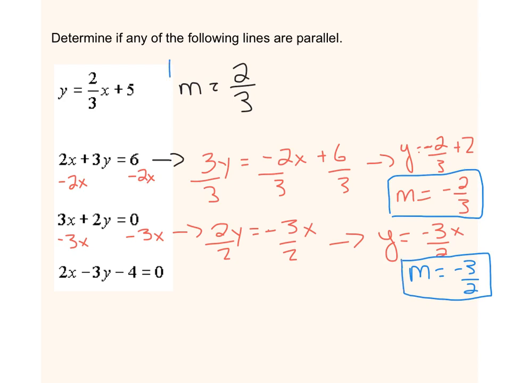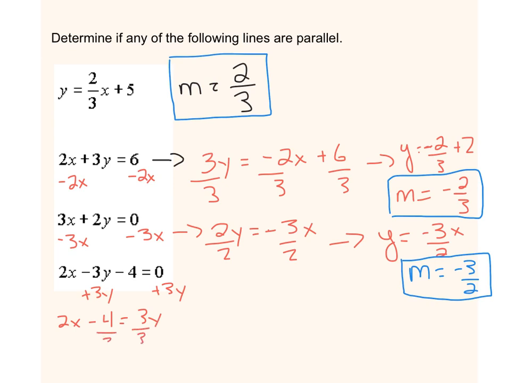So right now we have 3 of the 4 slopes identified. We just need to do the last one. So if we add 3y to both sides, 2x minus 4 equals 3y.